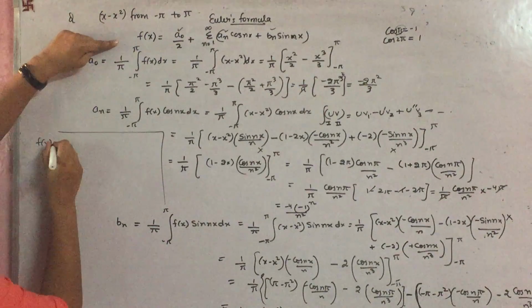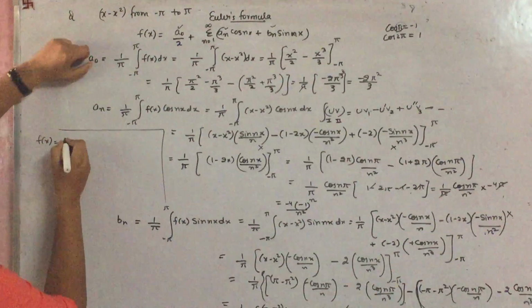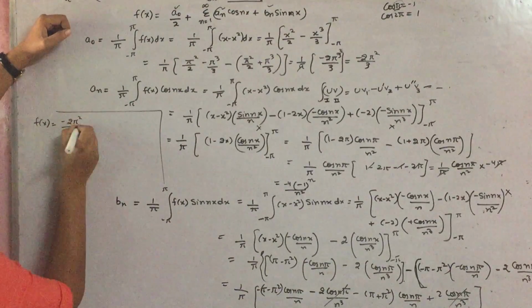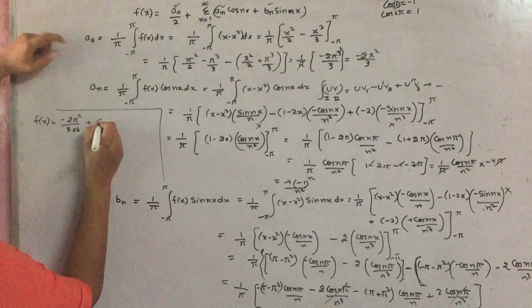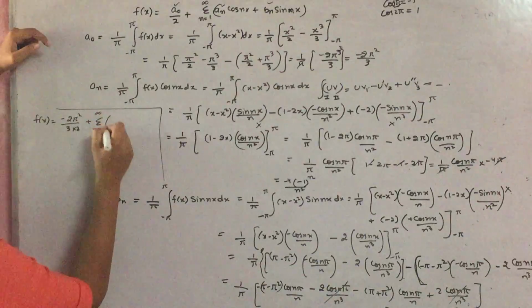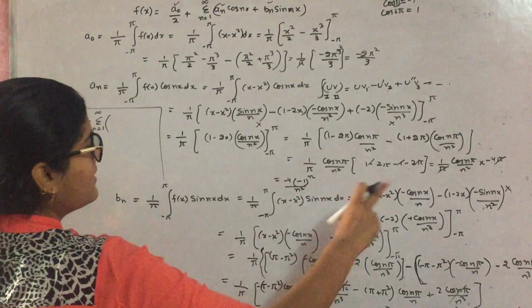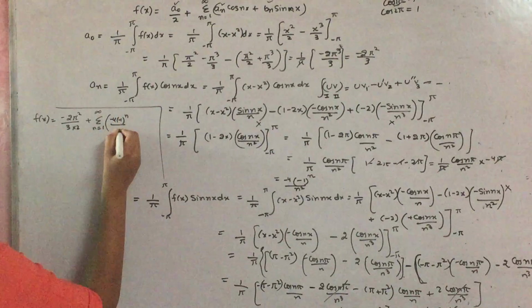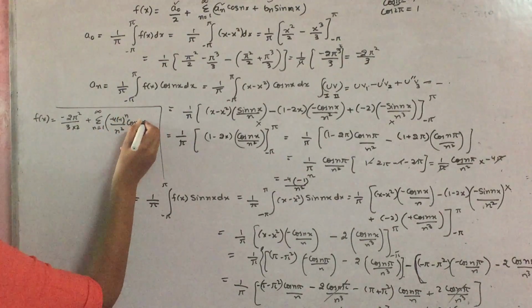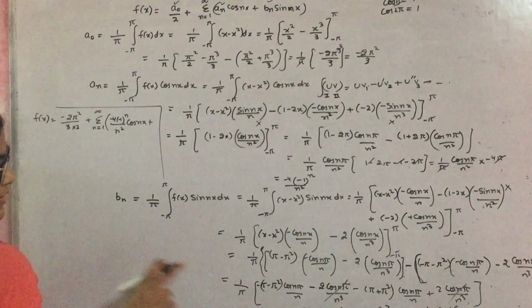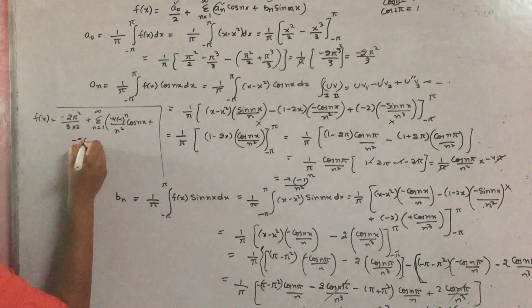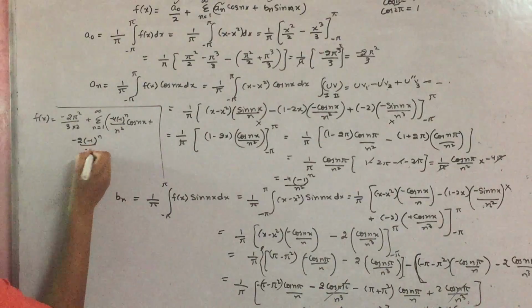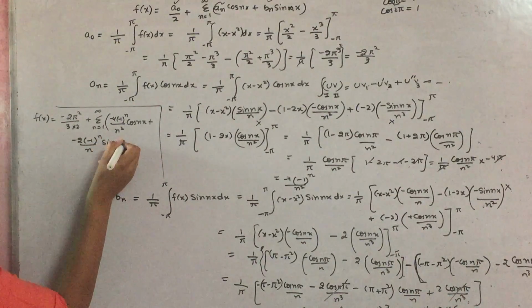Fx becomes A naught, which is minus 2 pi square by 3 divided by 2, plus sigma n equals 1 to infinity, an, which is minus 4 minus 1 raised to n by n square cos nx, plus bn. Bn is your minus 2 minus 1 raised to n by n sin nx.